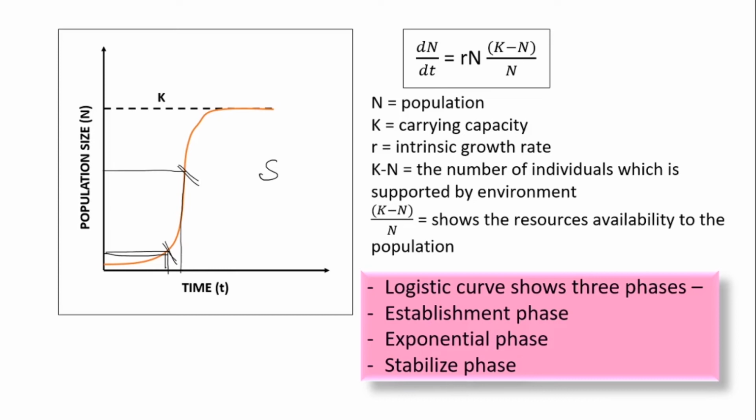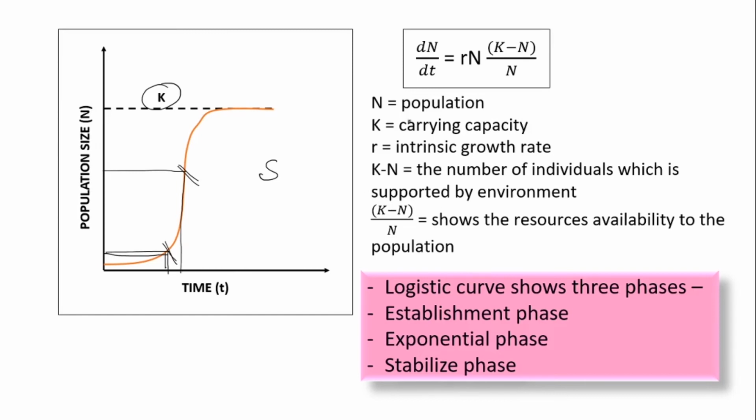When the population approaches its carrying capacity, it cannot show any addition or deletion of individuals. So the population shows a stabilizing kind of graph. That is why this shows an S-shaped or sigmoidal kind of growth pattern.